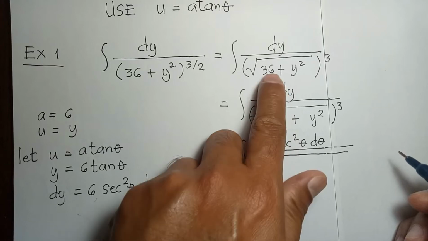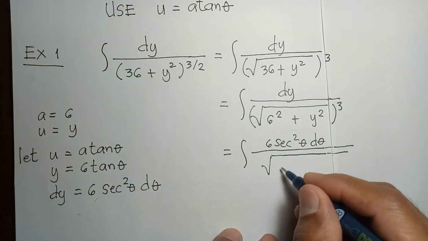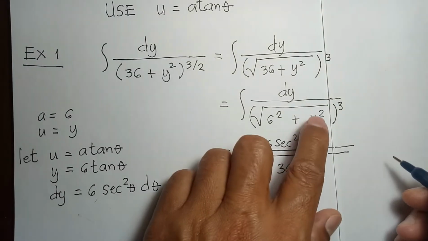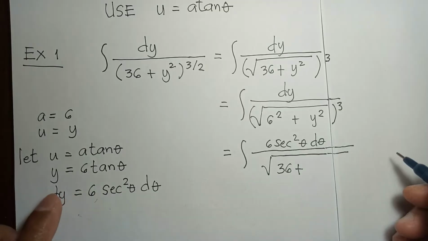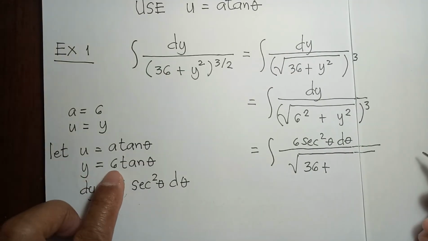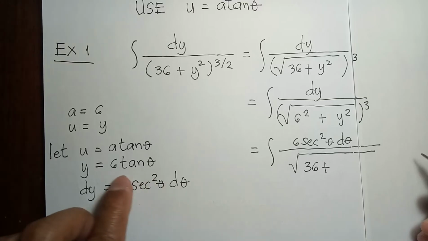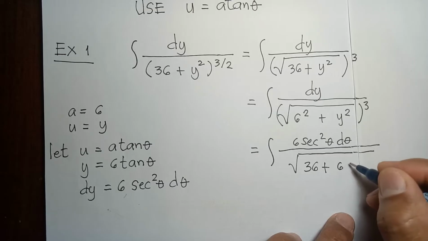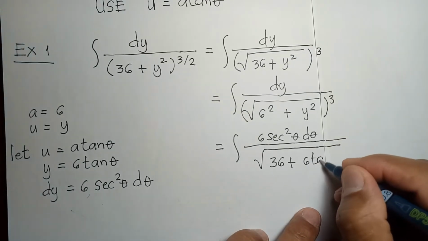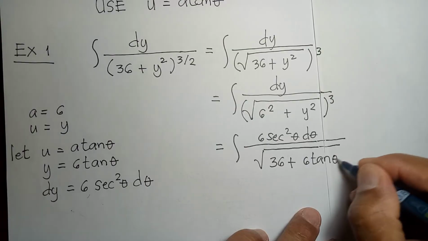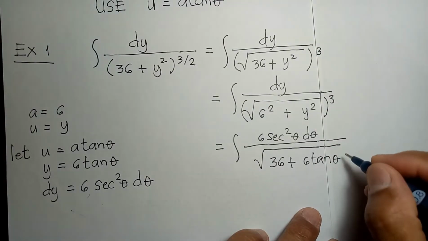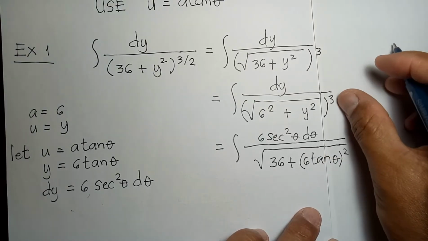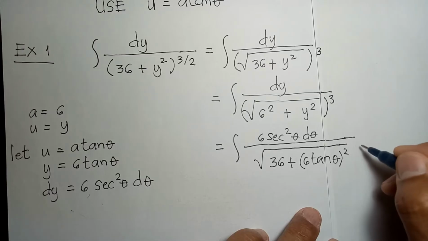So, yung 6 squared, yun ay 36. So, nalagay natin 36. Plus y. Yung y natin equal siya sa 6 tangent of theta. So, papalitan natin yun ng 6 tangent of theta. Tapos, squared. So, squarein natin to. Tapos, raised to 3.